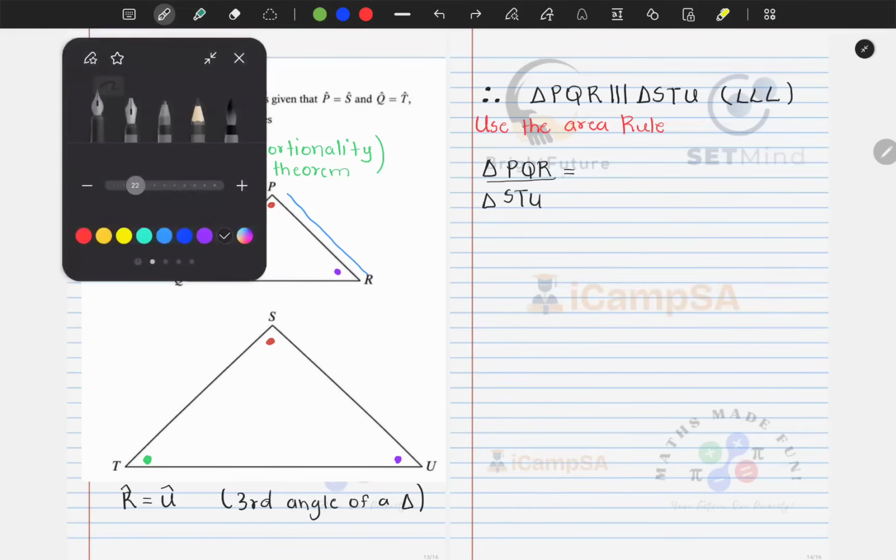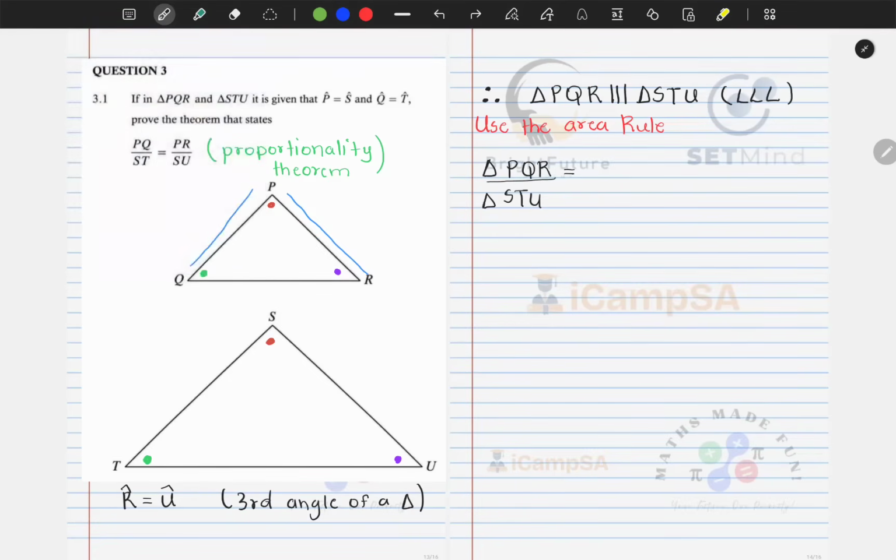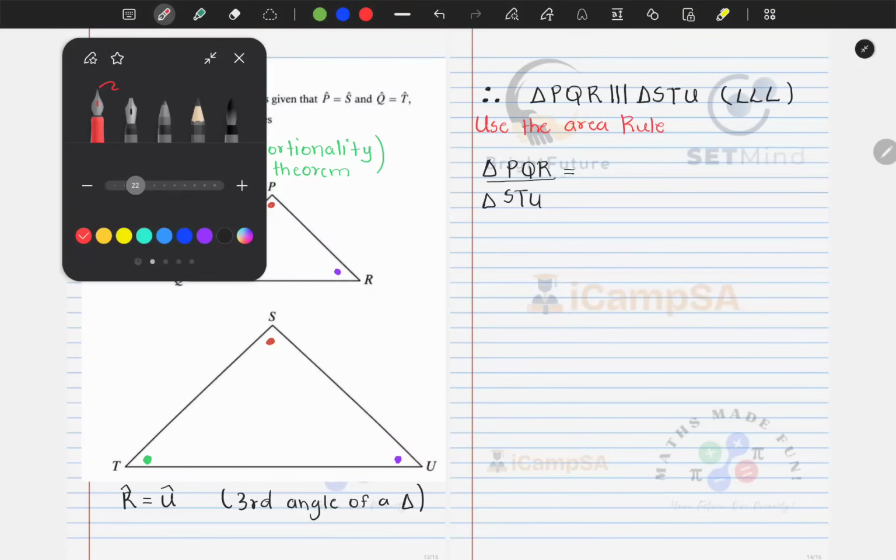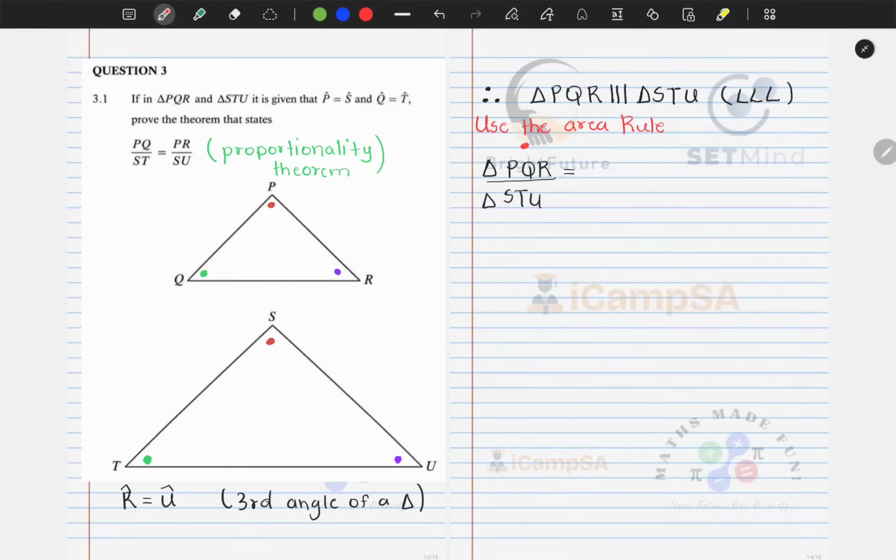So let's go ahead and do this. If you think carefully, we're going to have three combinations of areas here. Let's take as an example the red angle, which is what we are focusing on for this one.